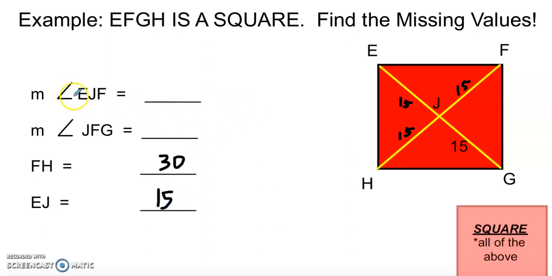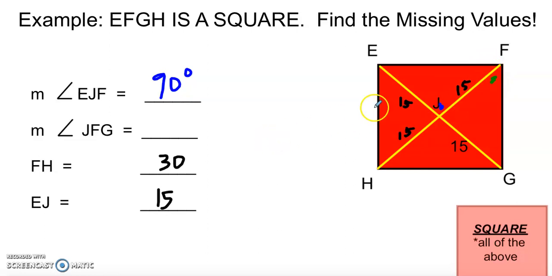So let's take a look now at angle EJF. I'll change the color. Angle EJF is this angle right here inside. Because it's a square, that's automatically a 90-degree angle. And then taking a look at angle JFG, I'll change the color there. Angle JFG, that's this little guy right here.